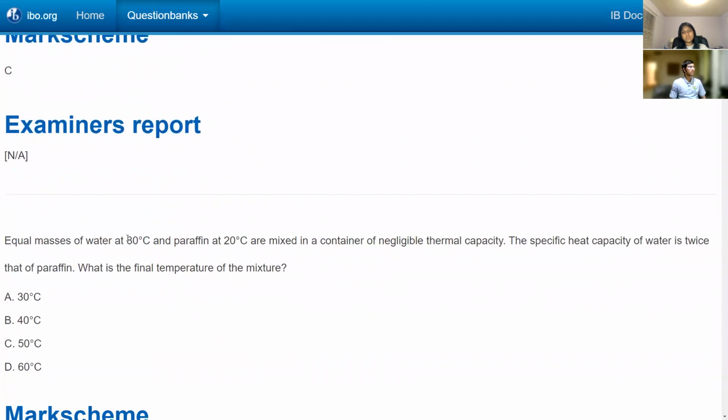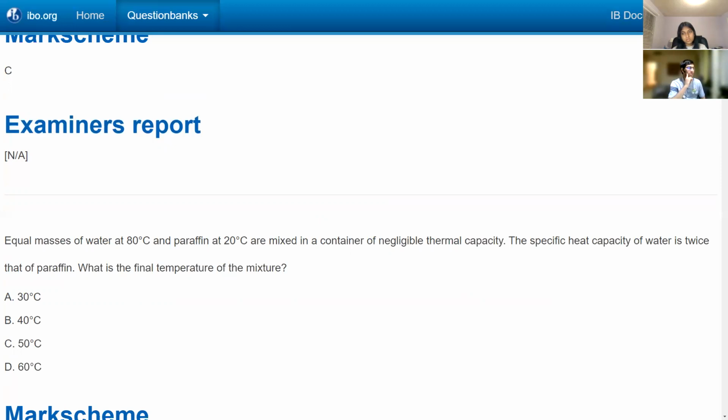Equal masses of water at 80 Celsius and paraffin at 20 Celsius are mixed in a container of negligible thermal capacity. The specific heat capacity of water is twice that of paraffin. What's the final temperature? We could do this mathematically, but I feel like you could just do this in your head, right? So 60? Wait.